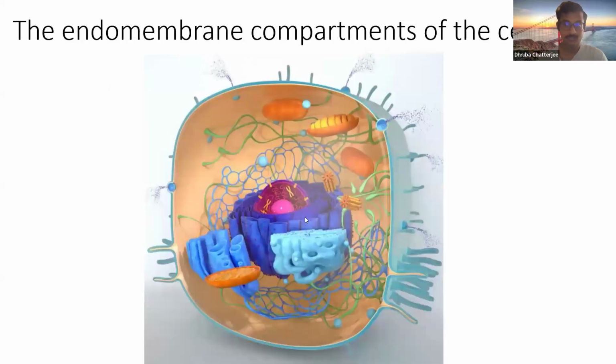In the seventh week of this course, the focus had been on the endomembrane compartments and the endomembrane components of the eukaryotic cell. As we all know, the eukaryotic cell is a highly compartmentalized system, and it has the plasma membrane.